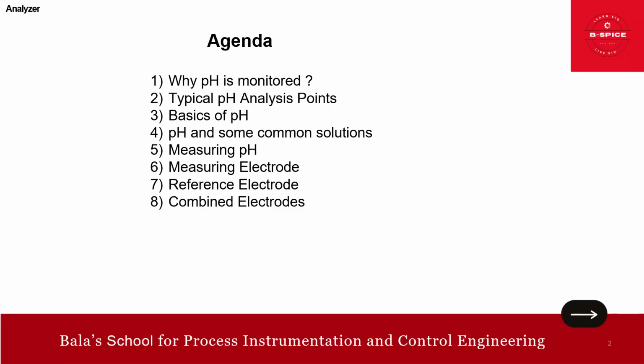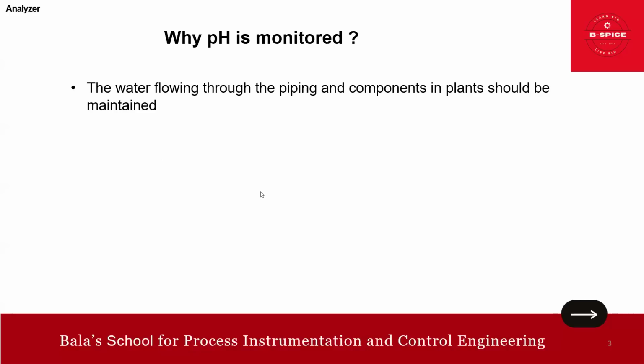Then we have combined electrodes. And of course, without the Nernst equation we can't close this pH, so the Nernst equation also we are going to cover. See, friends, this may be a little bit lengthy, but it's all concepts. Of course, concept is important, right? We need to know the concept. Yes, so that is the intent of this session.